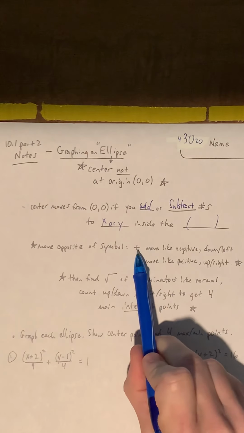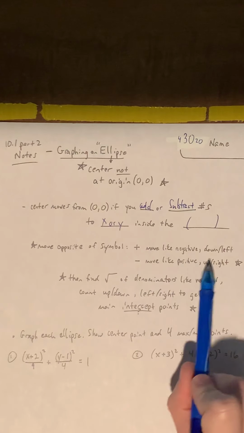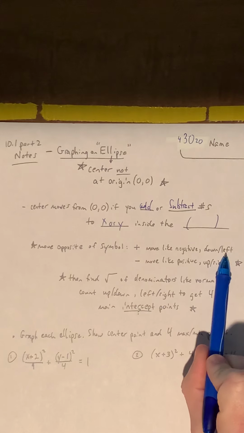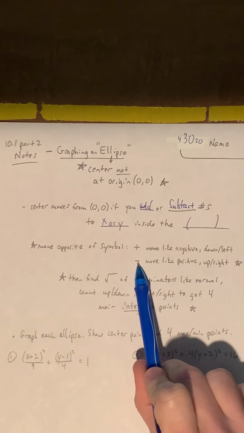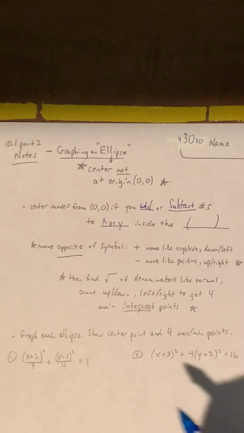So if you're adding a number, you're really going to move in the negative direction. So you would move down in the y direction or left in the x direction. If you're subtracting a number to the x or y, you're really moving in the positive direction. So it's the opposite of what you would think.